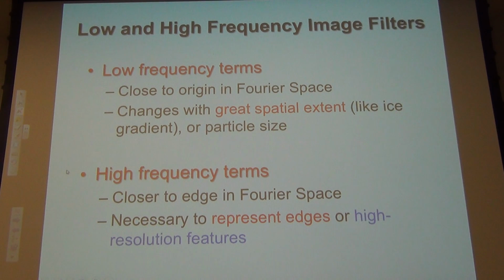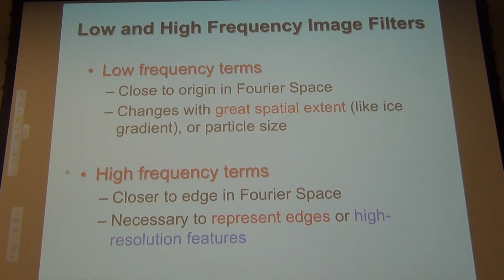Now, I want to give you some examples about the high pass and low pass filters. One we use the high pass, one we use the low pass. Last week was just kind of principles, but this class gives you some examples. So what are the low frequency terms?